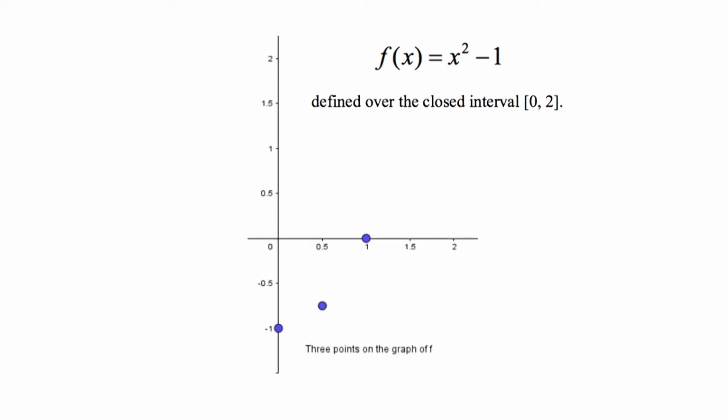When x equal to 0, we have f(0) equal to minus 1, getting a point (0, -1) on the curve, and when x equal to 0.5, we have f(0.5) equal to 0.5 square minus 1, which is equal to minus 0.75, getting another point (0.5, -0.75). Similarly, points like (1, 0) can be found on the graph.